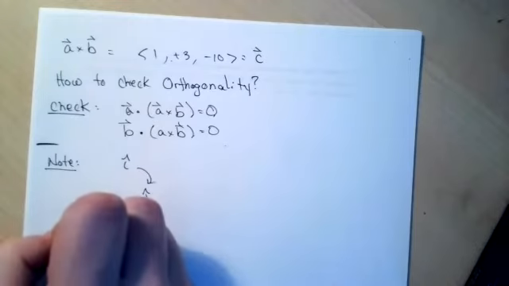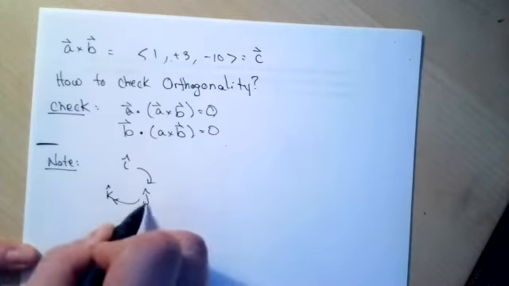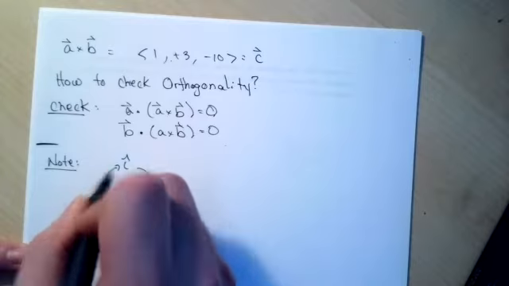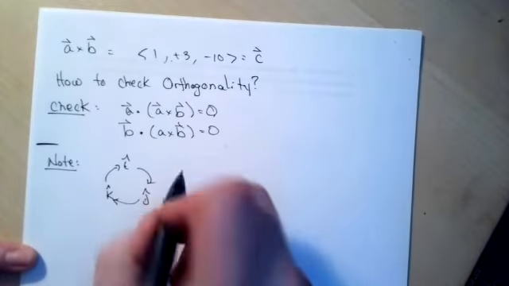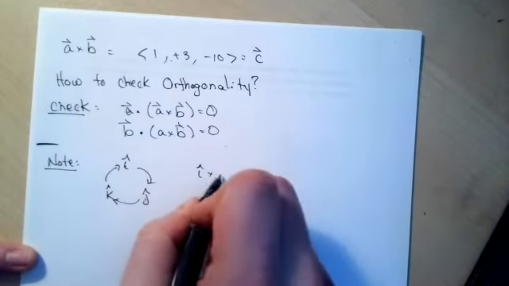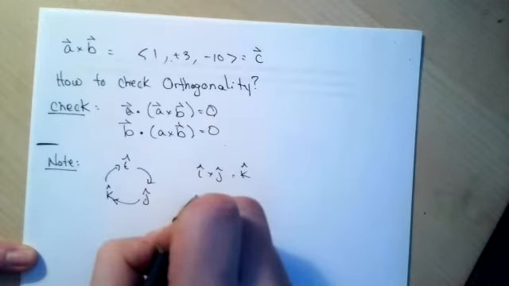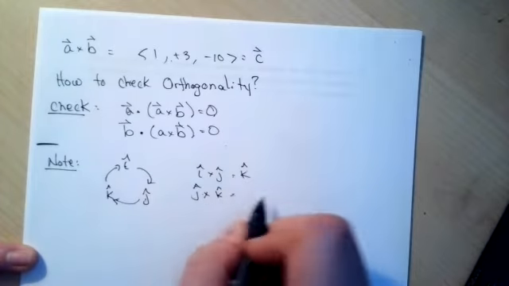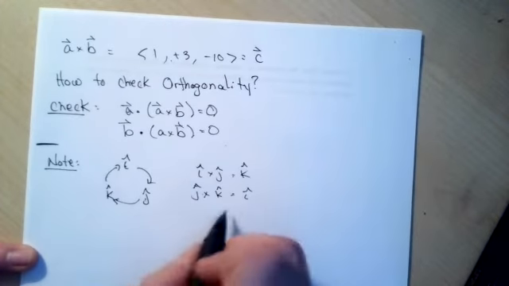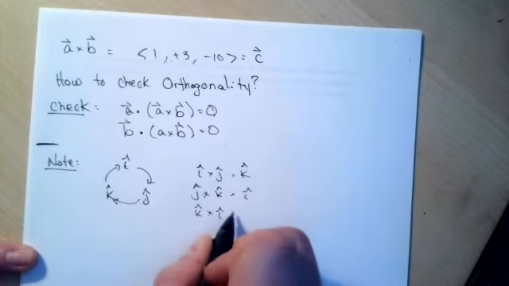So i cross j is going to give us k. j cross k is going to give us i. k cross i is going to give us j. So i cross j equals k, j cross k equals i, and then k cross i is going to get us j.